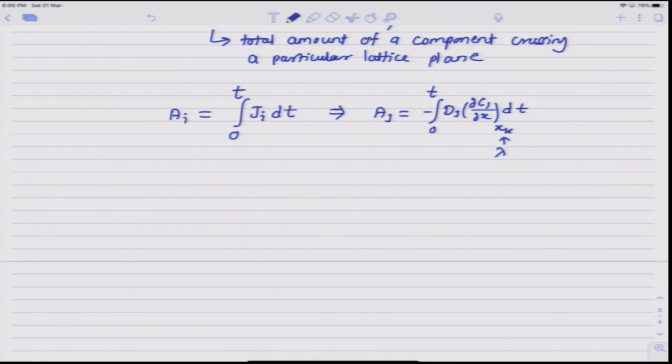So at that composition D1 is constant, and so we can take this outside the integral, and ∂C1/∂x we can write as dC1/dλ times ∂λ/∂x, and since lambda is equal to x over root t, we have ∂λ/∂x as 1 over root t times dC1/dλ.